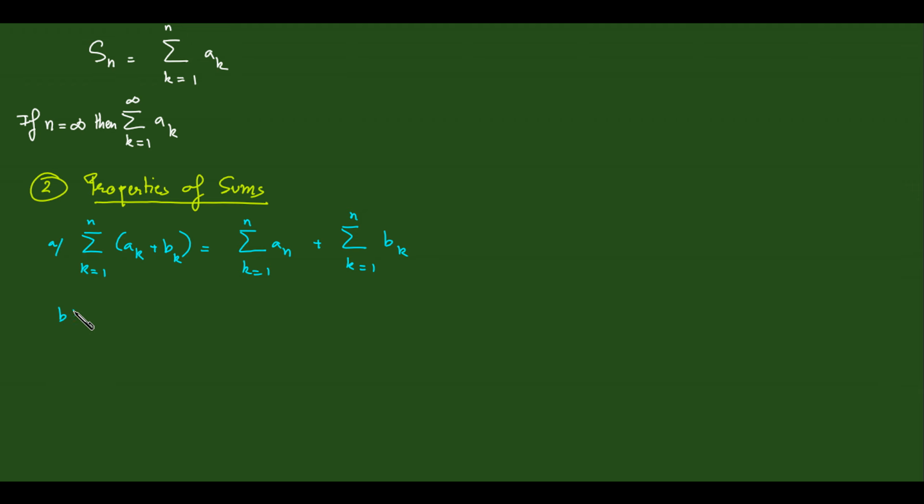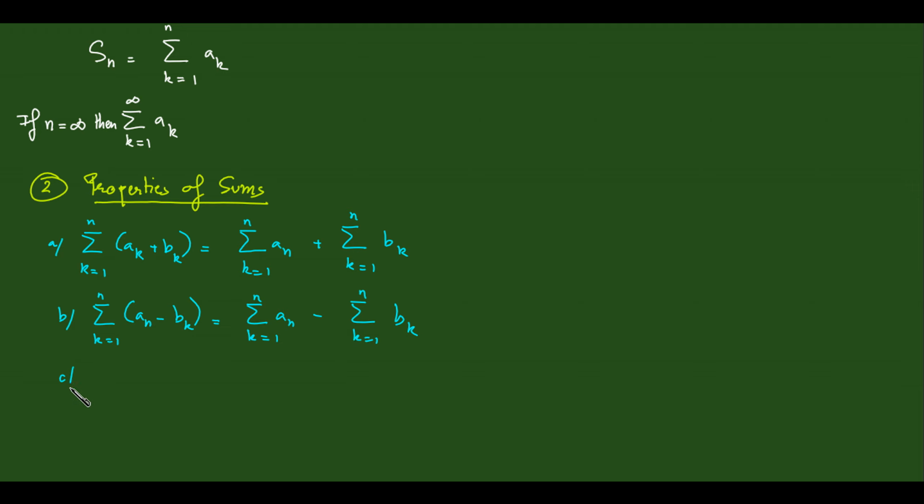The second formula is that if you have sigma of the difference between two sequences, then it gives you the difference of the two sigmas.